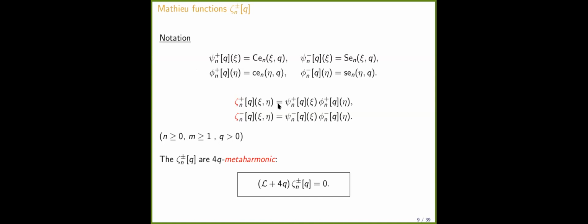And when we multiply them together to get the solutions of the Helmholtz equation, I'll call them zetas. So these are going to be the stars of the show, the Mathieu functions of two variables, you could call them. And by construction, they satisfy the Mathieu equation in elliptical coordinates, and we call them metaharmonic functions.